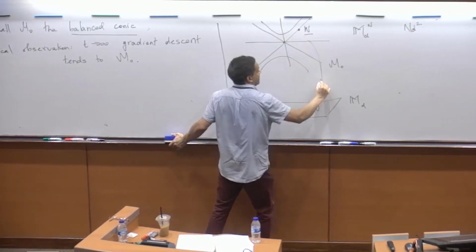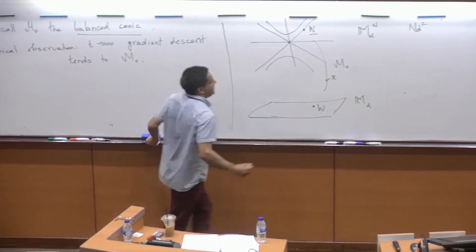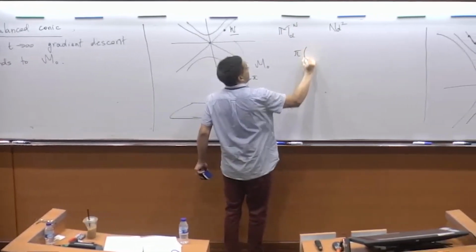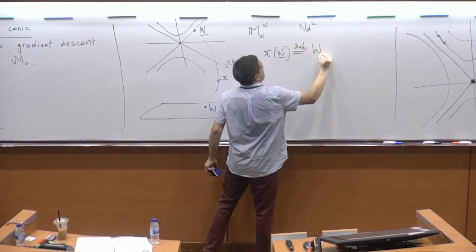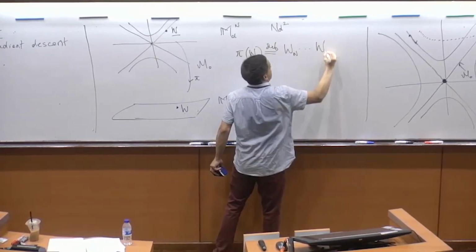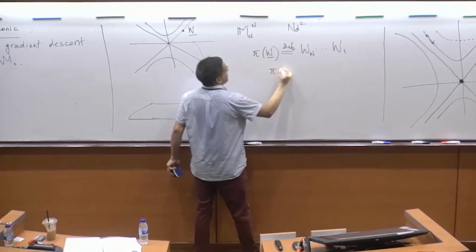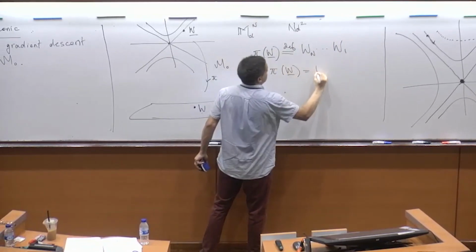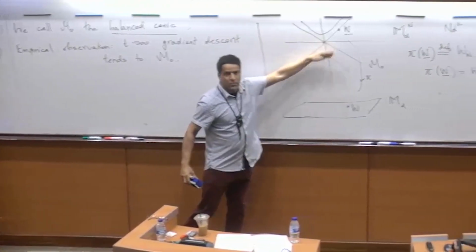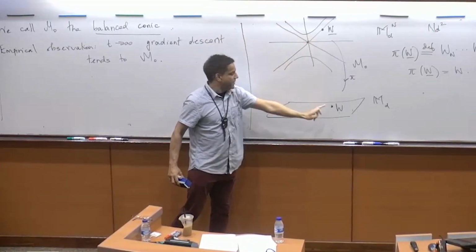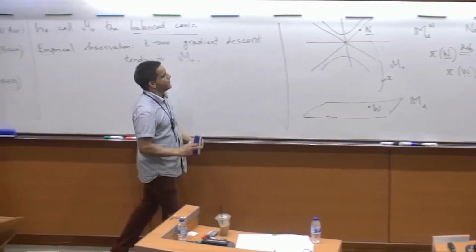I've got a projection mapping over here, and pi is by definition just this guy. What I'm really saying is that pi of W is equal to this W. So this is where the dynamics is taking place, that's the observable.